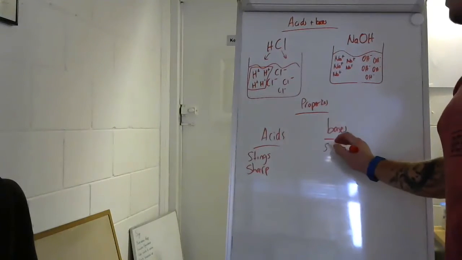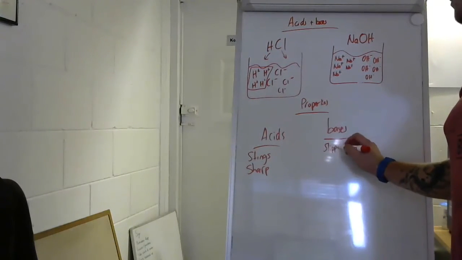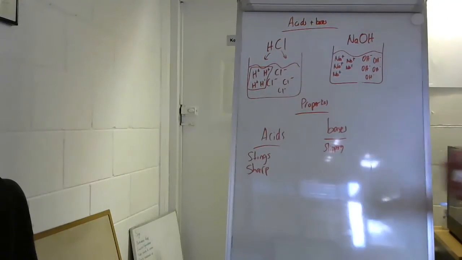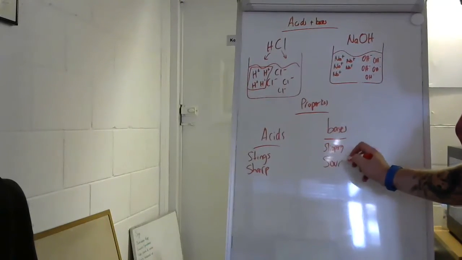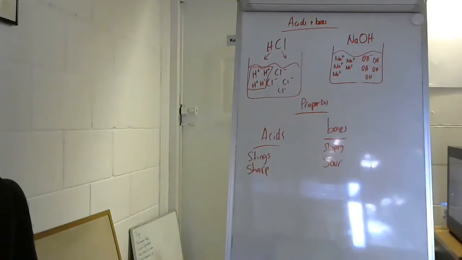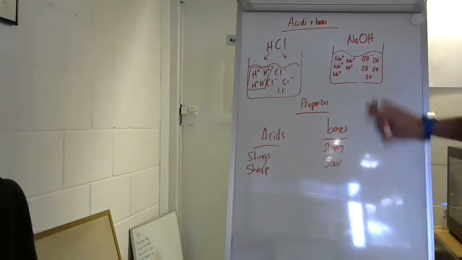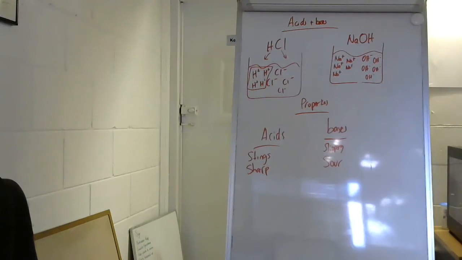Bases are slippery and they taste bitter. All of the super sour ghost drops and sour warheads we used to try and eat as kids are covered in a base to make them super, super painful to eat.